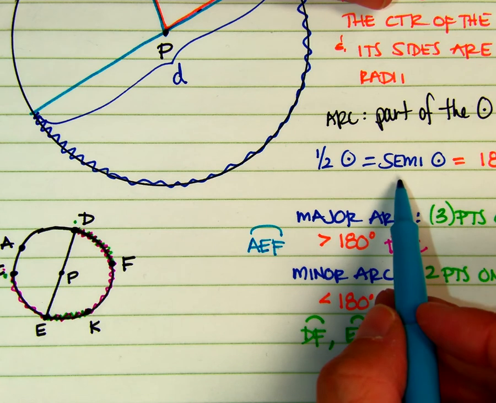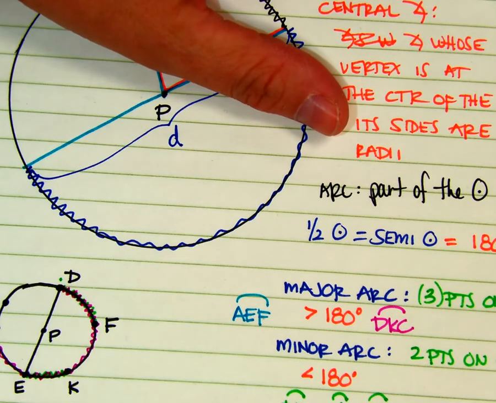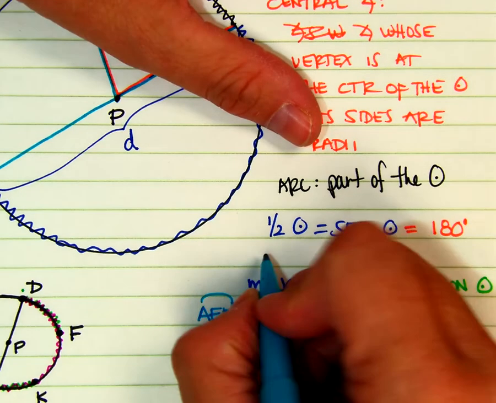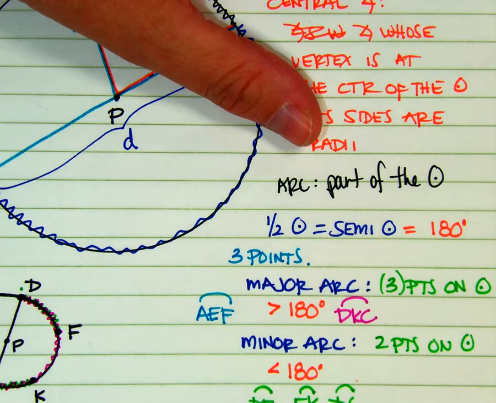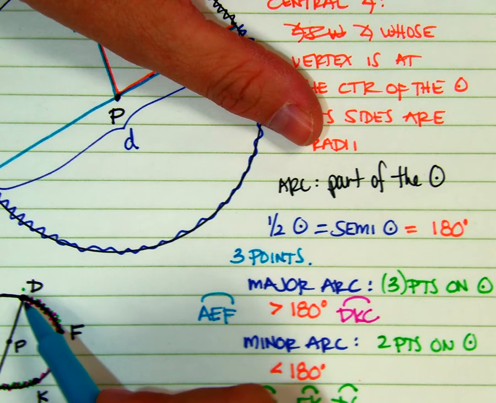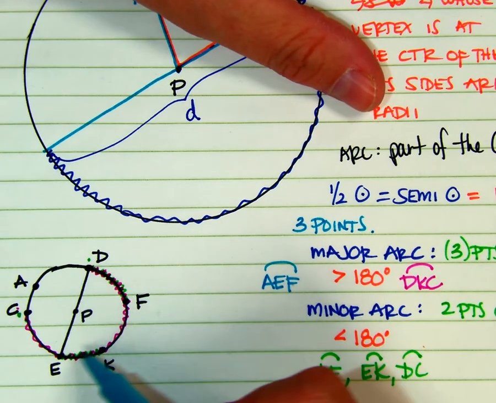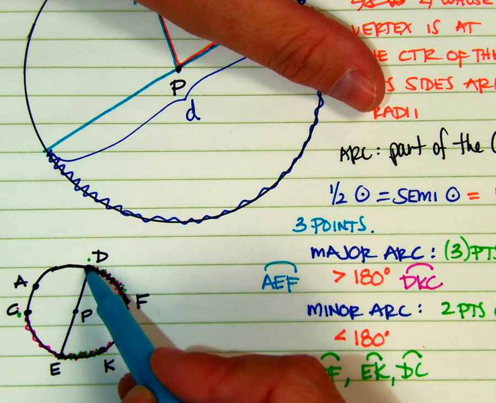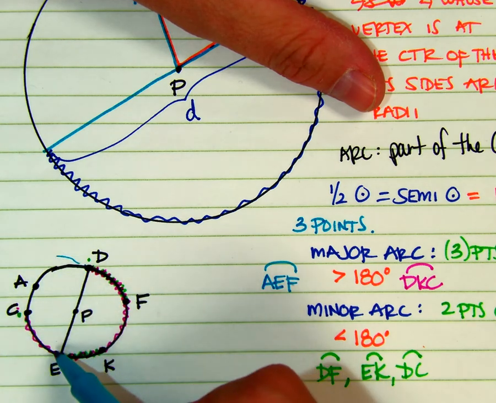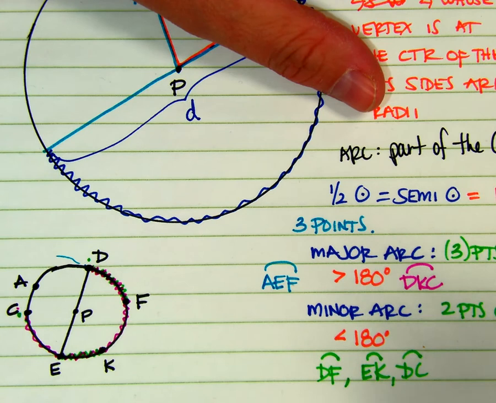When I'm labeling a semicircle, you still have to use your 3 points. Because if I just say arc DE, you don't know if I'm traveling this way or if I'm talking about this part of the circle. So again, you have to use those 3 points.